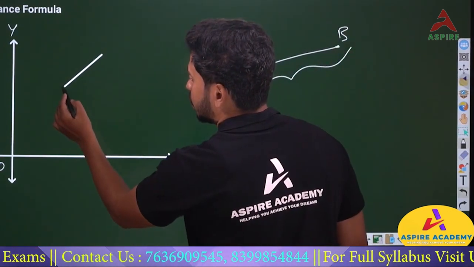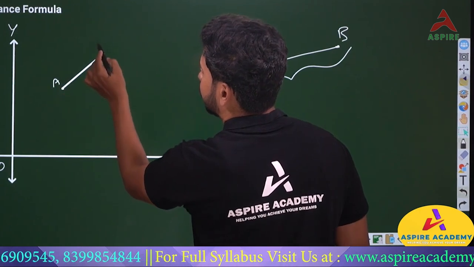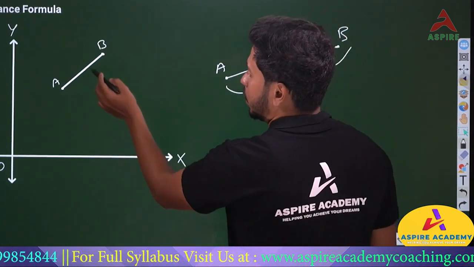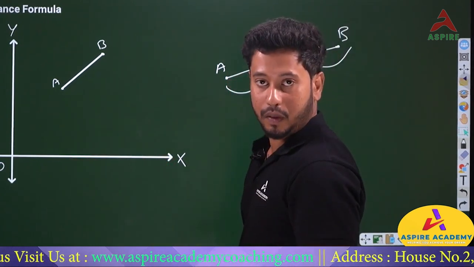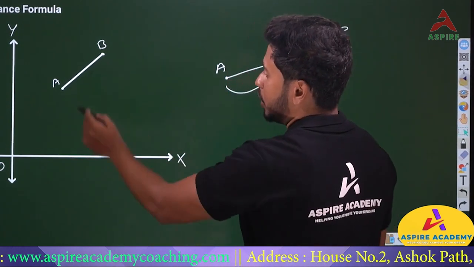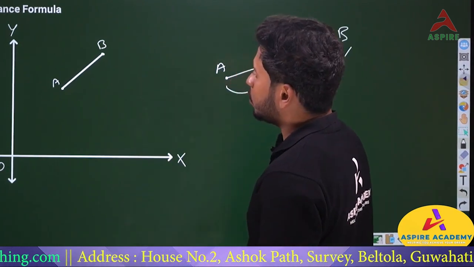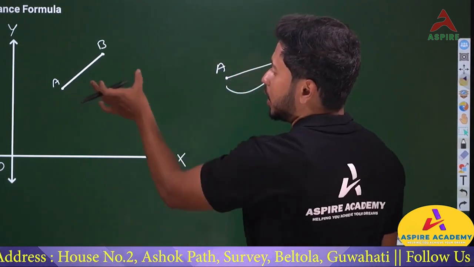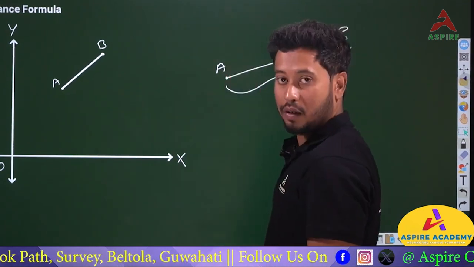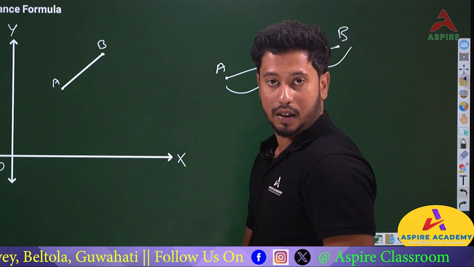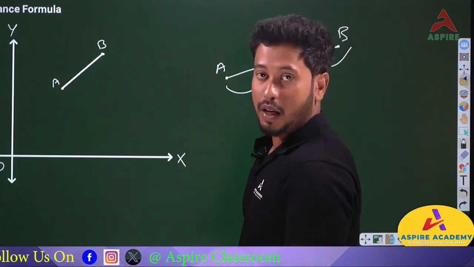Suppose this is point A and this is point B, and I have joined both points, so I got a line segment AB. Now we can derive the formula for how to measure the length of AB, or the distance between A and B.